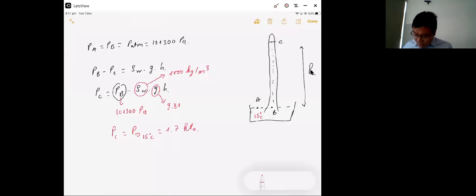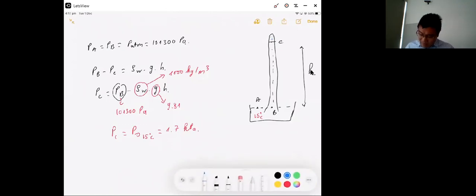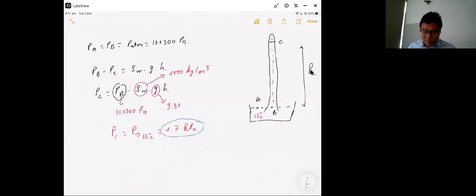Because water boils, on the top here we have vapor. If you apply PC as 1.7 kPa in this equation, you can find the height is approximately 10 meters.